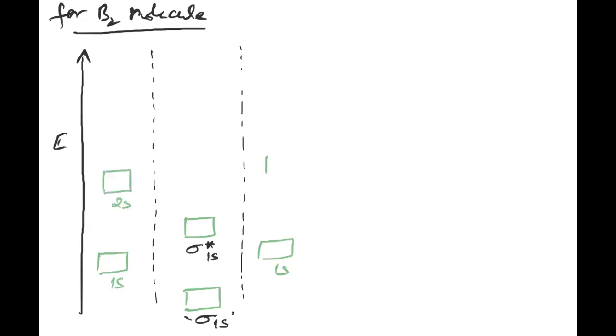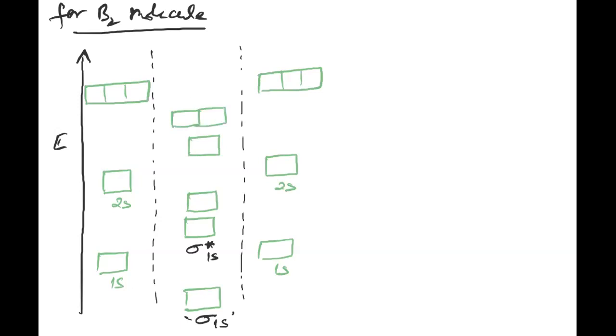It is 2s and, let's say, 2s, and due to their linear combination, two molecular orbitals will be formed. Similarly, in the case of B2, due to linear combination of 1s, two molecular orbitals will be formed, which may be represented like this.